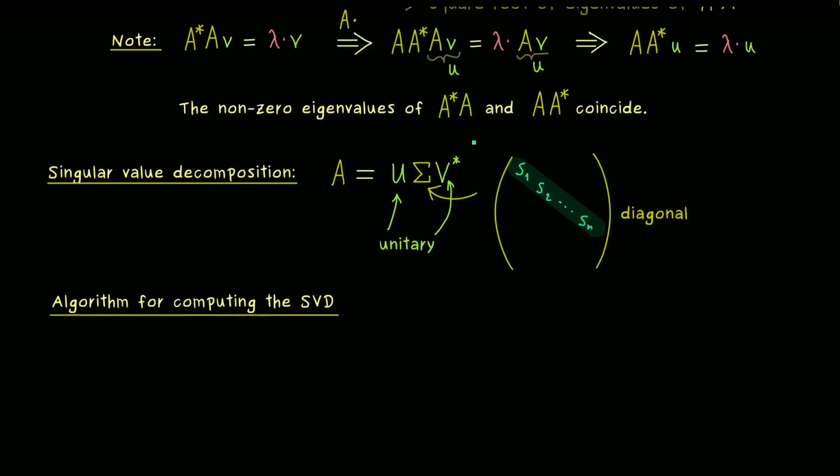And since both of them are normal matrices, we know that we can find an ONB consisting of eigenvectors. Therefore, the first steps in our algorithm are just about diagonalizing a square matrix. So first we calculate A star A and find all the eigenvalues of it. And since this is an n times n matrix, we already know that we can find exactly n eigenvalues.